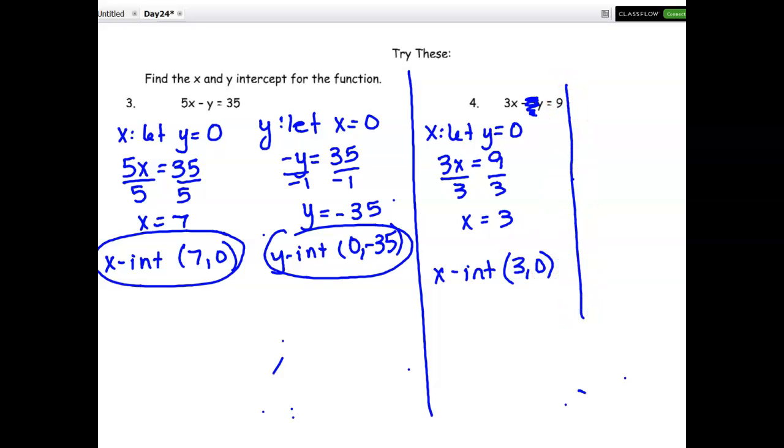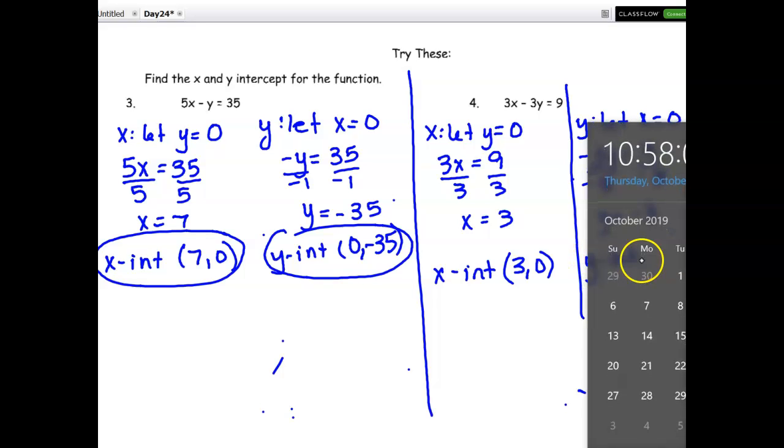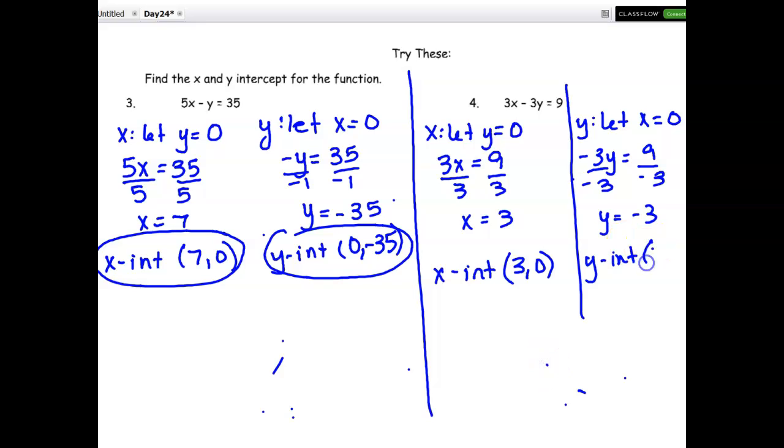Okay, now my y-intercept, get that back again. My y-intercept, I let my x be 0. So when I do that, I'm left with negative 3y is equal to 9. Divide by negative 3. My y is equal to negative 3. So my y-intercept would be 0, negative 3.